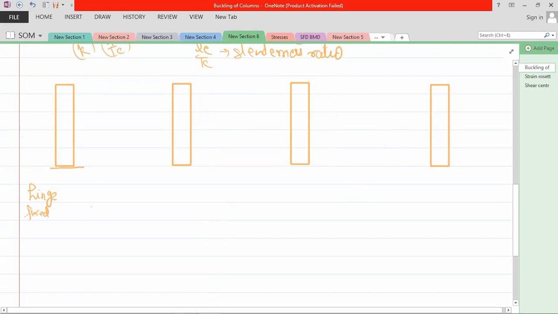So in hinge, suppose you have something like this, and at this center you put a hole, and suppose this is another body, and you just pin it, like a nail or a screw, so that it will rotate like this. There is no resisting moment for this. It will rotate like this, it will go here or it will go here.